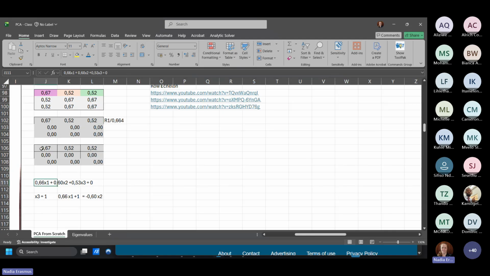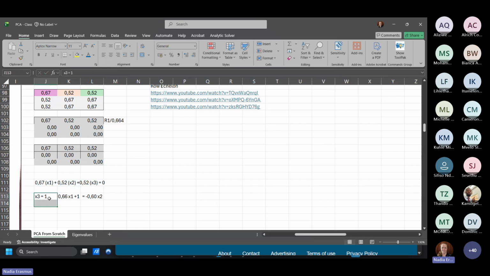So you have 0.67 multiplied by x1, then 0.52 multiplied by x2, and 0.52 multiplied by x3 is equal to 0.